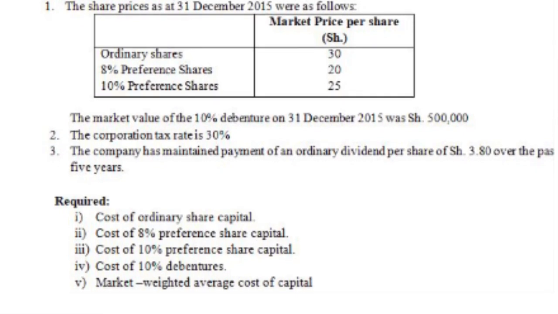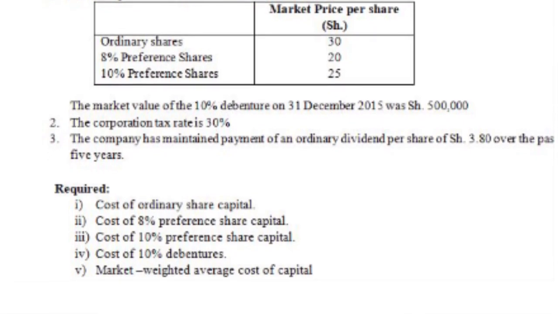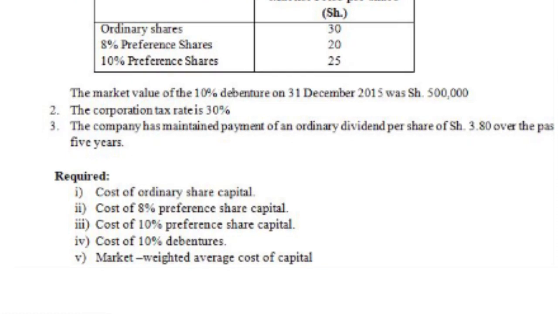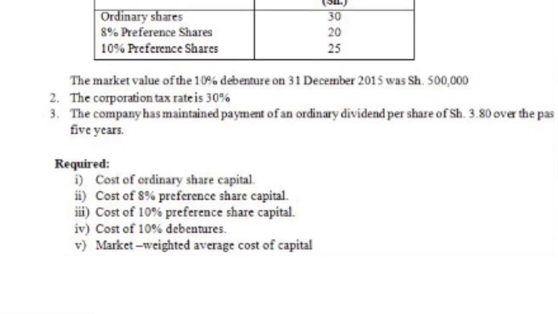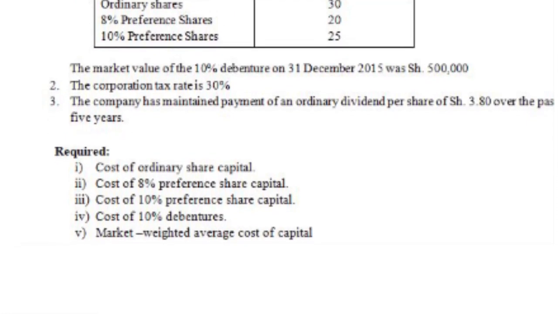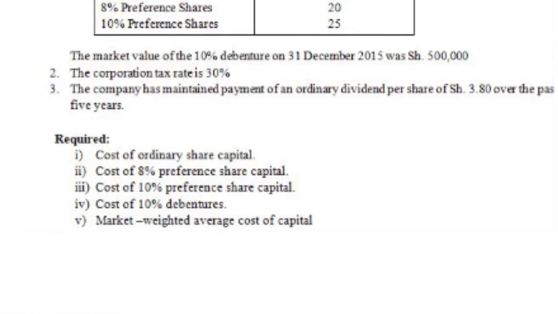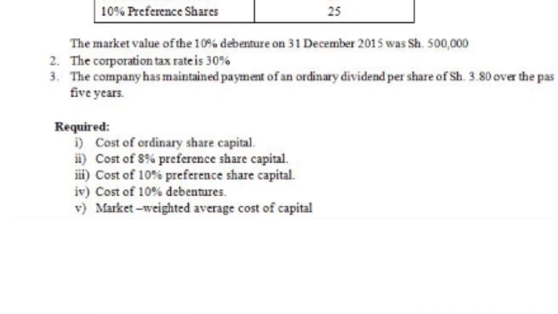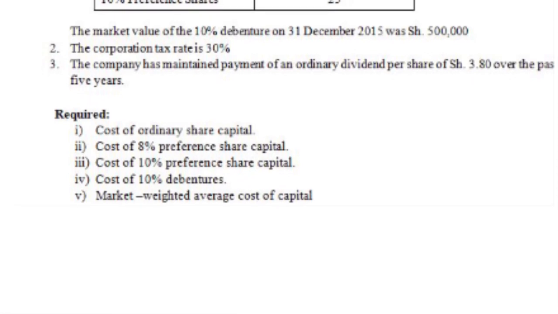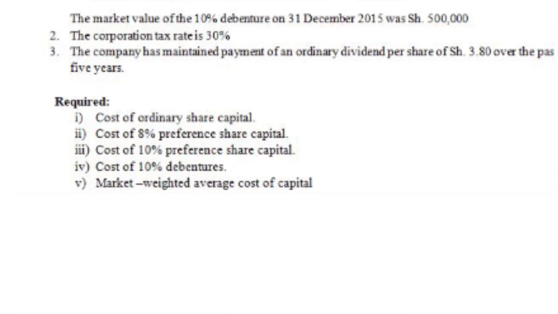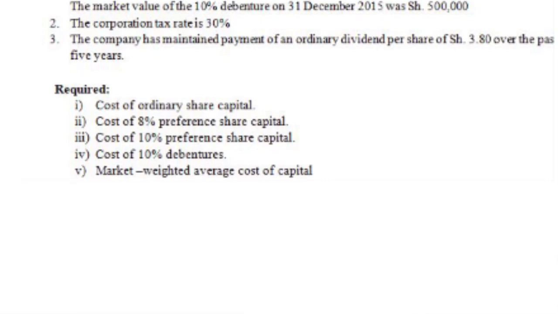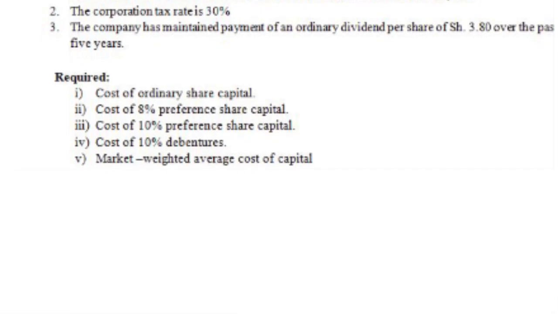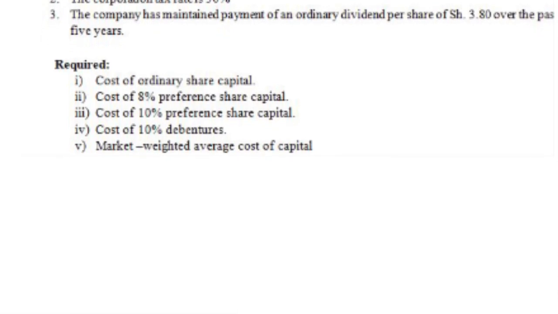The market value of the 10% debenture on 31st December 2015 was 500,000. The corporation tax rate is 30%. The company has maintained payment of an ordinary dividend per share of 3.8 shillings over the past 5 years. Required.